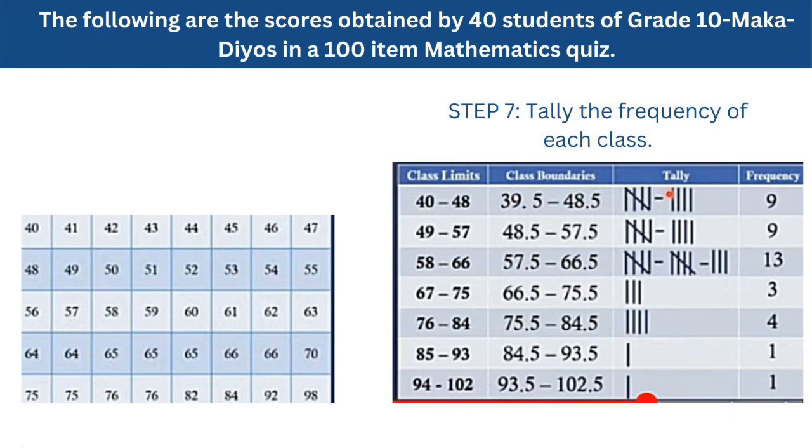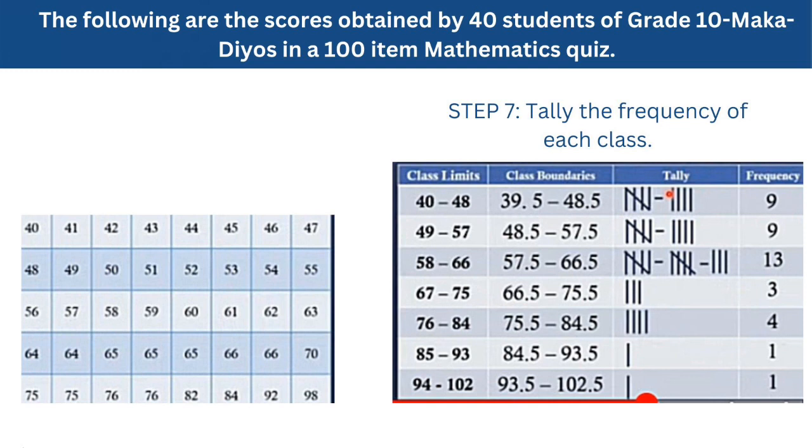For the second to the last step, which is step 7, we tally the frequency of each class. So we just need to base our answer on the class limits. For 40 to 48, we need to determine how many students got that score. As you can see, 9 students got that score.